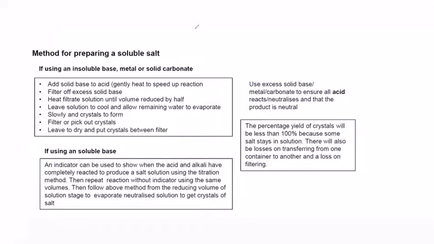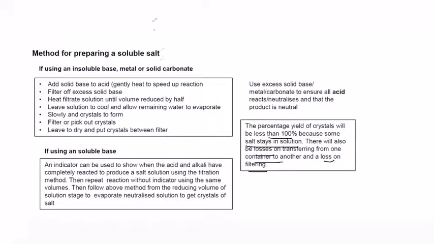So during filtration, some of the salt solution is left on the filter paper. That's why it will not give you 100% result. So the percentage yield of the crystals will always be less than 100, because some salt stays in the solution, and there is also some loss on transferring from one container to another, and a loss on the filtrate. So these are the things which occur.